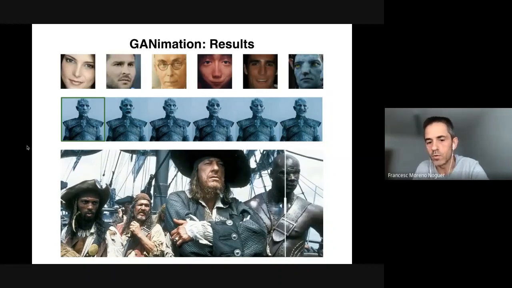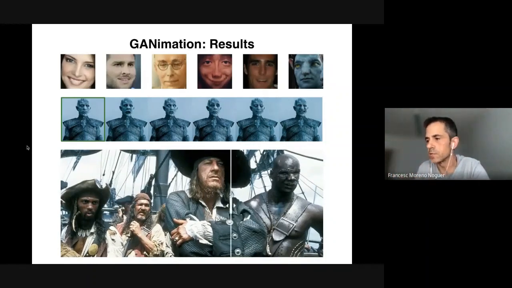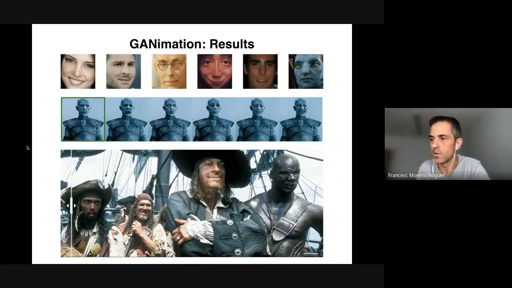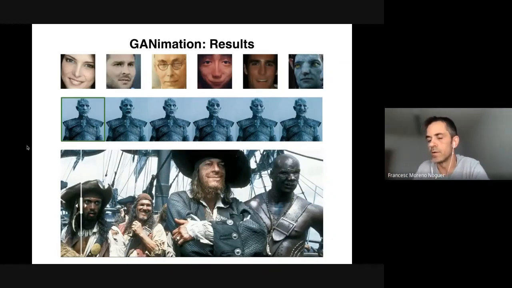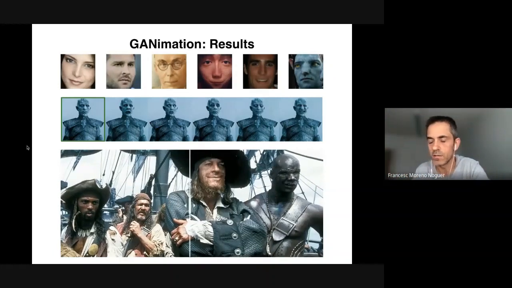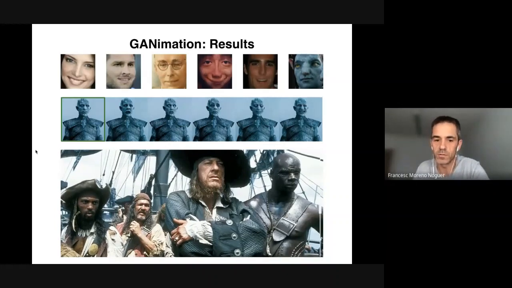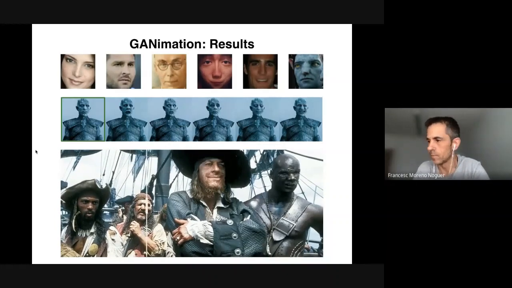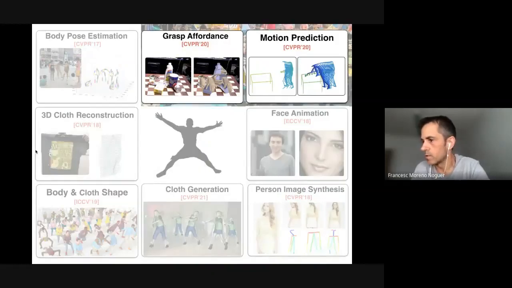What was very interesting here is that when we changed the expression, the image was really well blended into the original image, and that's also a contribution of using this attention map. Since the attention map didn't change the parts of the image which are not relevant for the expression, we could nicely blend the expressions onto the original one. All right, that's all I want to talk about this paper.